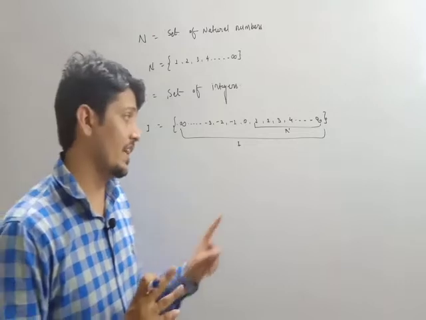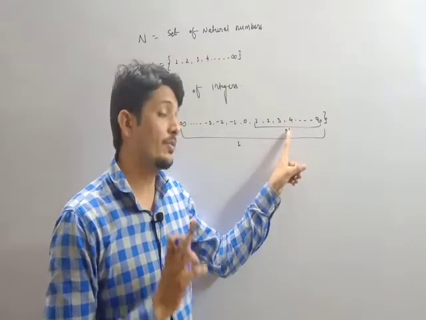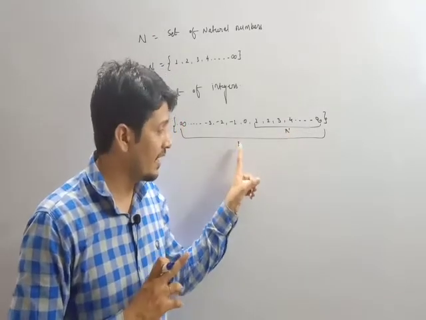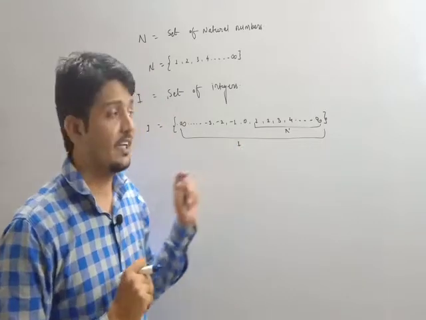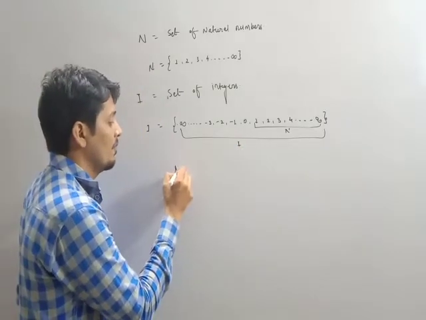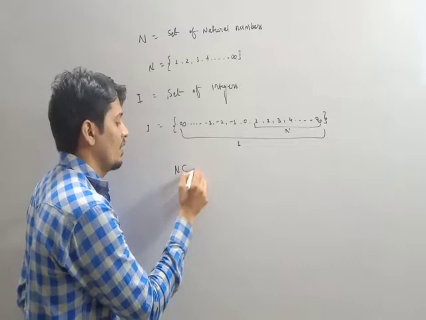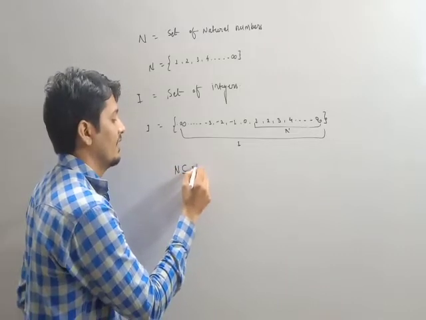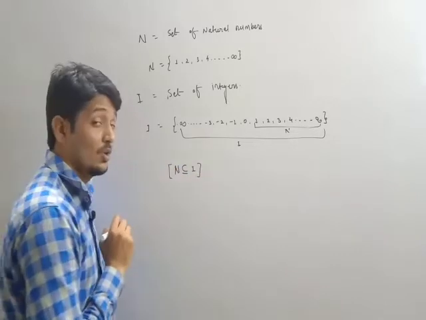That means we can say all the members of natural numbers are present in integers. That means natural numbers are a subset of integers. Understood or not?